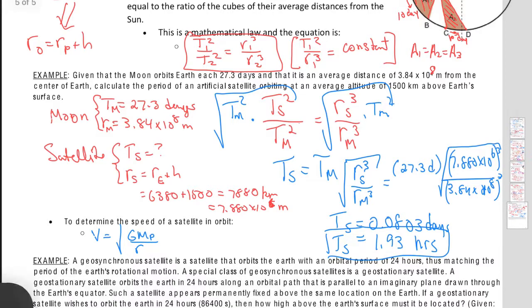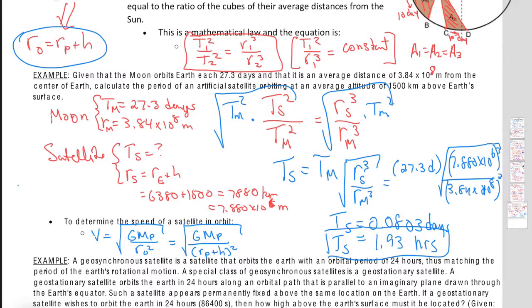Remember, r_o is R_P plus h, so you can put that in there: GM_P over R_P plus h.